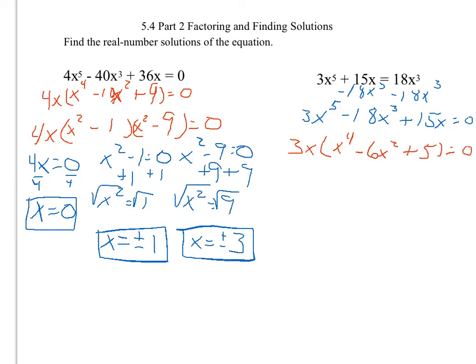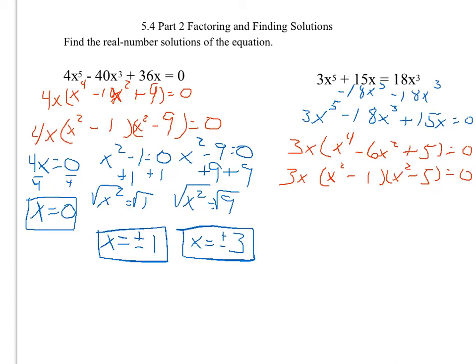And again, we want to see if we can take that further, and in this case, we can factor that further. So 3x times... the minus plus in our trinomial will give us a minus minus in the binomials. X to the 4th would break up into x squared, and the 5 breaks up into 1 and 5.